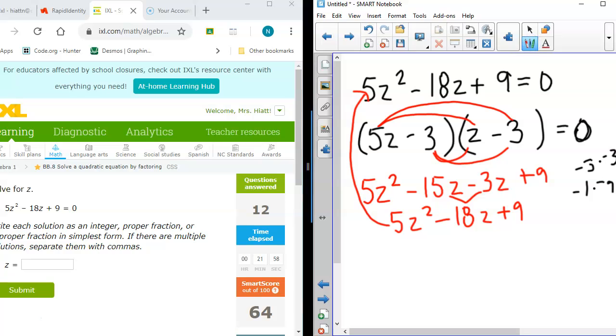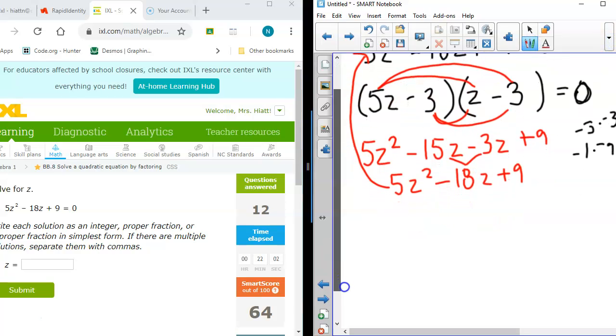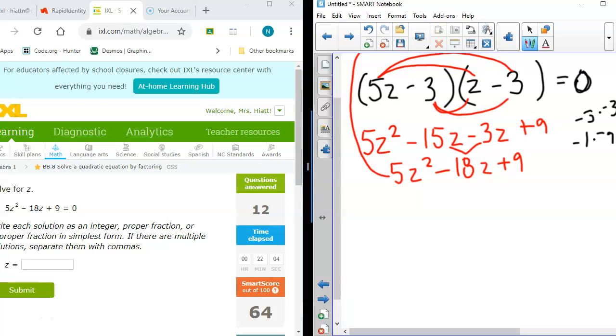Now, you are going to have to finish solving here, which is a little bit longer for these, but not too bad. So you've got 5z minus 3 has to equal 0, and z minus 3 has to equal 0. I'm going to solve this one over here to the right first because it is easier.